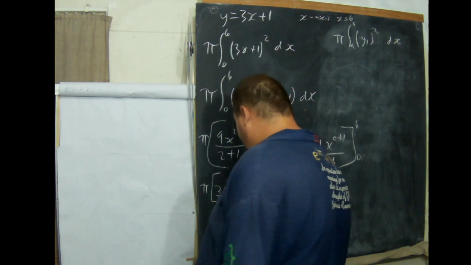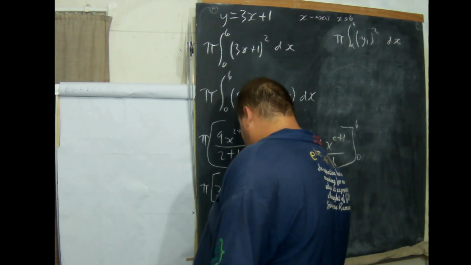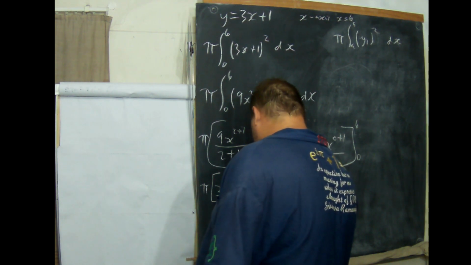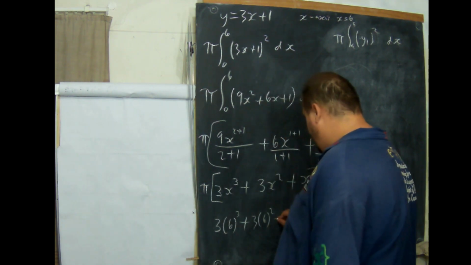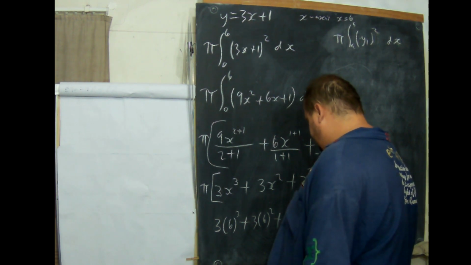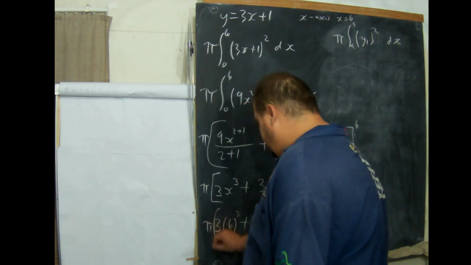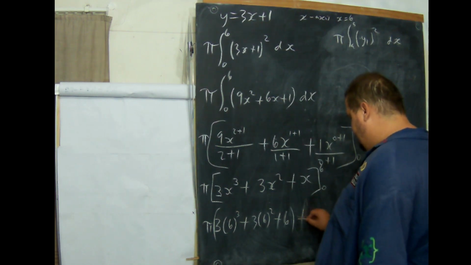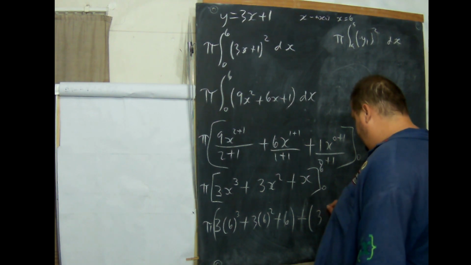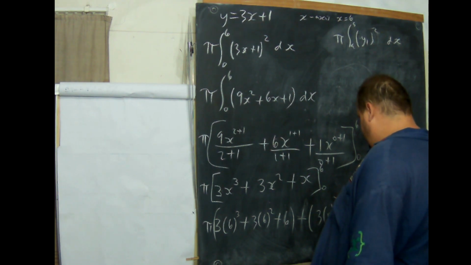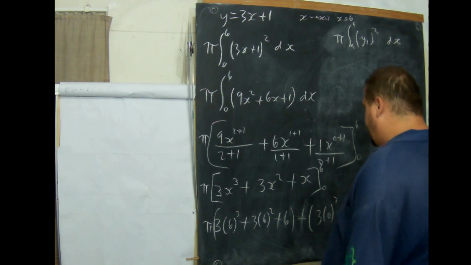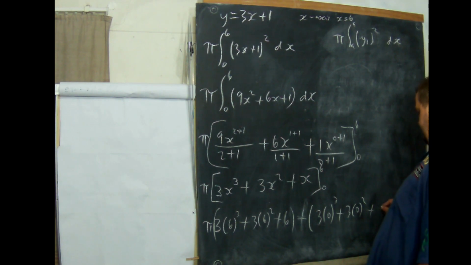So 3 times 6 cubed plus 3 times 6 squared plus 6, pi, minus 3 times 0 cubed plus 3 times 0 squared plus 0.